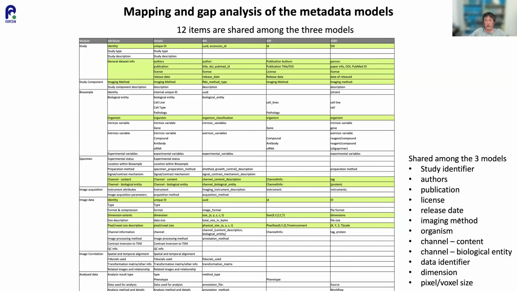That means those three repositories, which were developed independently, share these 12 items, which are likely the essential components of metadata for basic bioimaging. You can also see several other items that are shared among only two repositories, or only one repository.